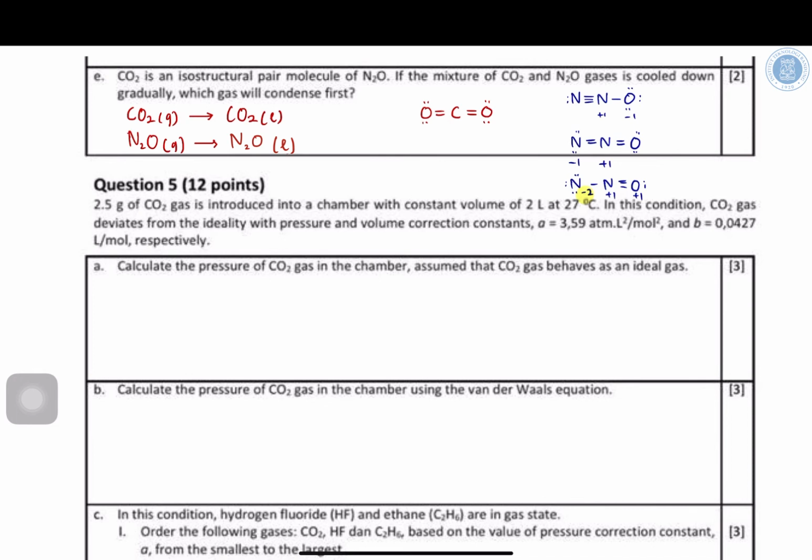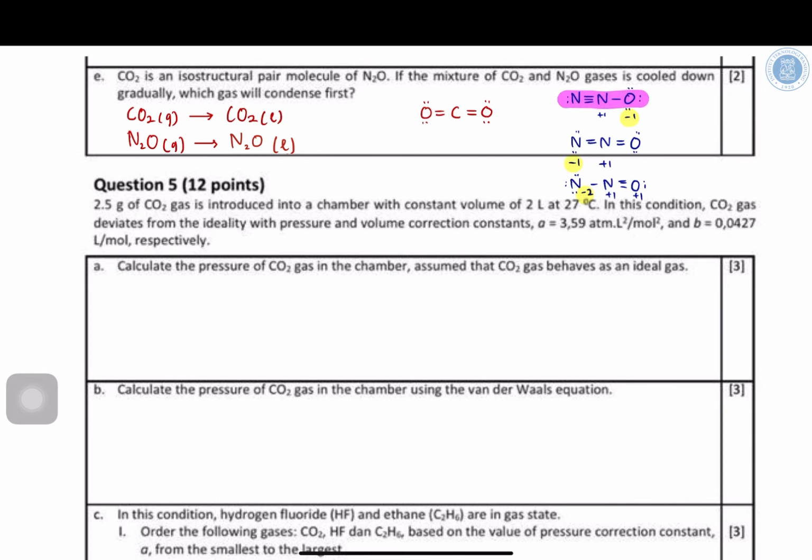Between N and O, the electronegativity of oxygen is higher compared to nitrogen. So this one over here is more favorable because the oxygen has -1 and the nitrogen is +1, compared to the second structure in which the -1 belongs to the nitrogen.